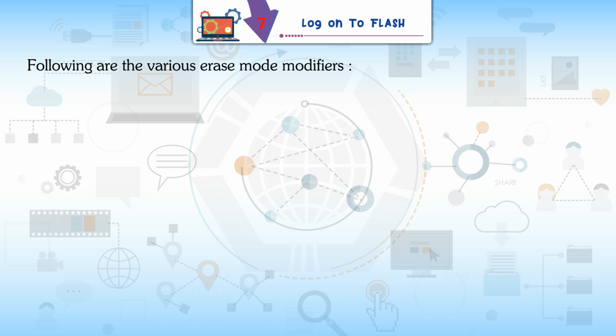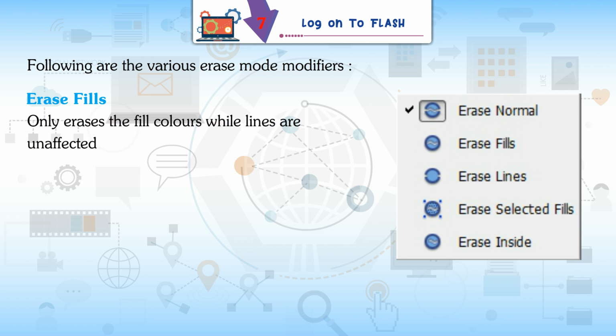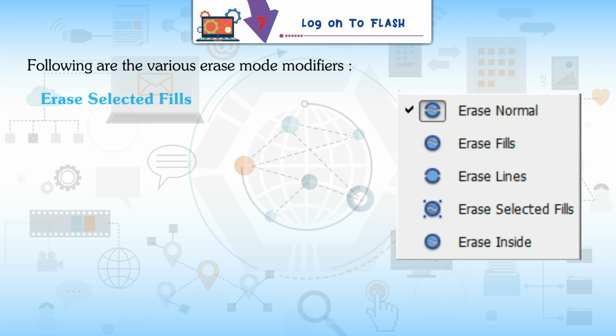Following are the various Erase Mode modifiers. Eraser Normal: erases all lines and fills wherever the eraser is moved. Erase Fills: only erases the fill colors while lines are unaffected. Erase Lines: it is applied to erase the strokes only.